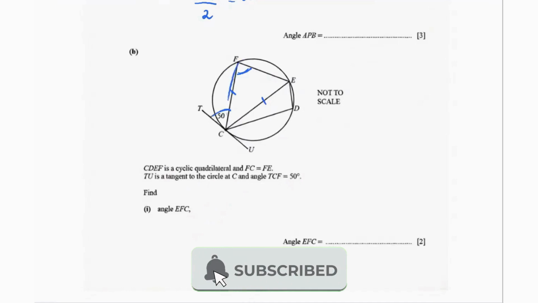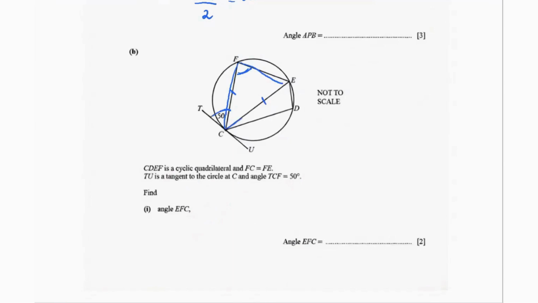So again, we have alternate segment theorem because it's a triangle inscribed in a circle. And if this is 50, this is going to be 50 as well. And since FC is equal to EC, that means it's an isosceles triangle. Hence, EFC will also be 50.